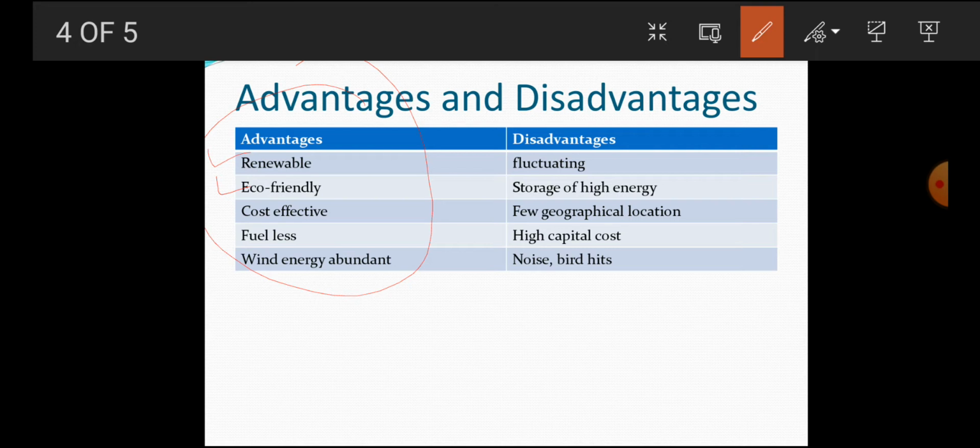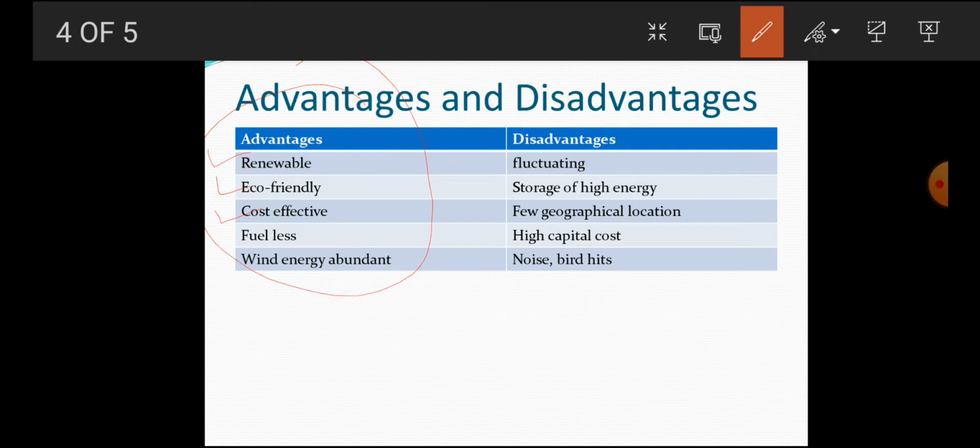Then next is cost effective. So the installation cost of the wind power plant is competitive compared to the conventional, that is coal power plant. Since there is no fuel cost and low maintenance cost, the cost of energy produced in the long run is almost free.